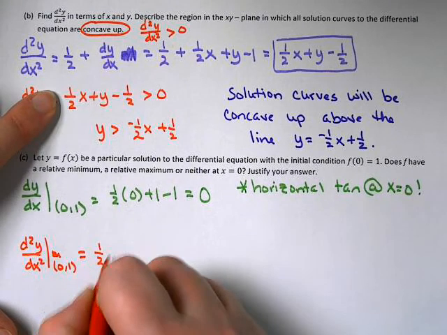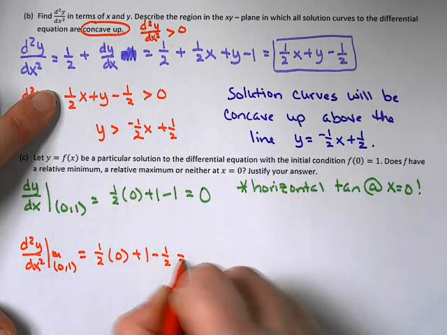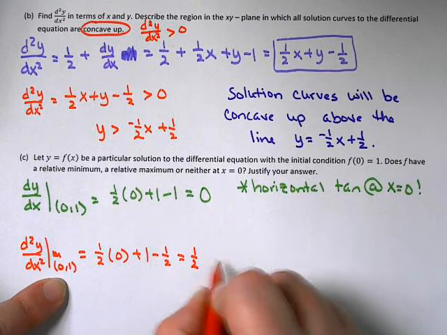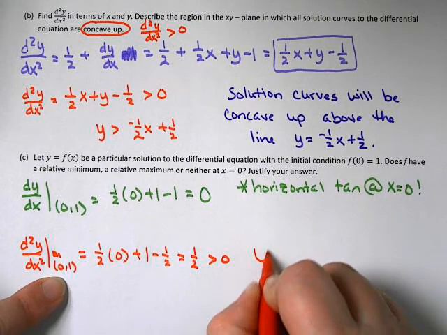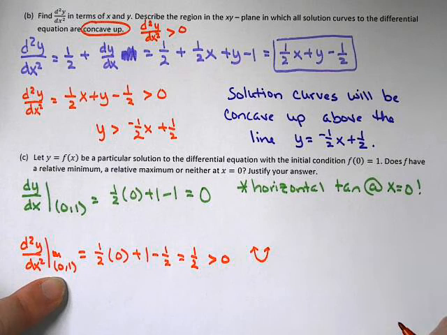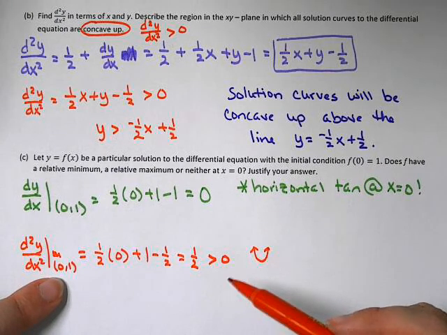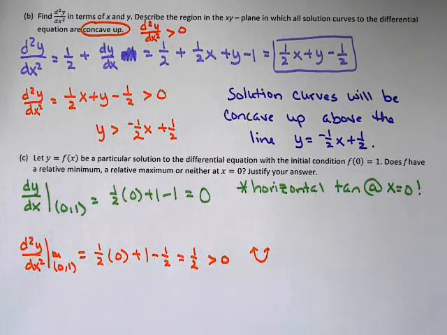So 1/2 times 0 plus 1 minus 1/2. So we get that the second derivative at the point 0, 1 is 1/2, which is greater than 0. That means then that this function is concave up. So since the first derivative is 0 and the second derivative is positive, the function is concave up, and it means that we have a relative minimum.